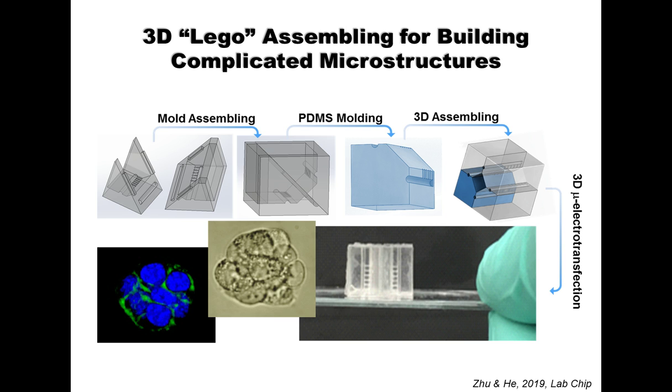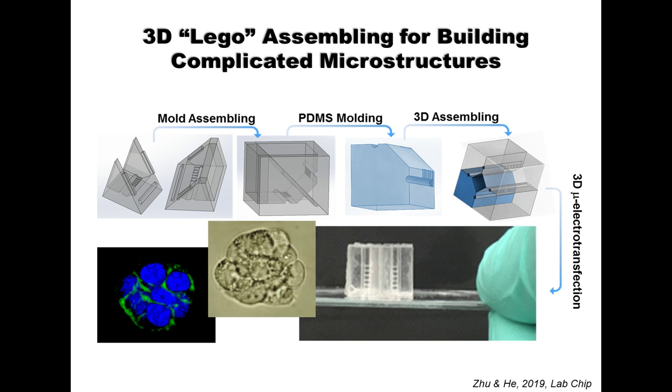The other example I want to show is how 3D printing technology can introduce new geometry for realizing more complicated microstructures. So we can use the 3D printer to generate the molds, and the mold can be used to mold the PDMS.